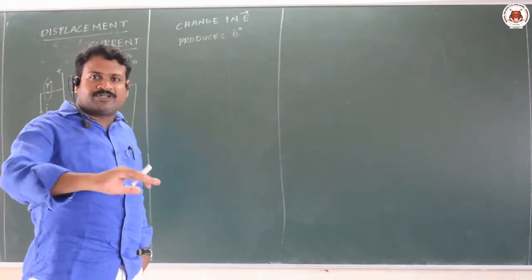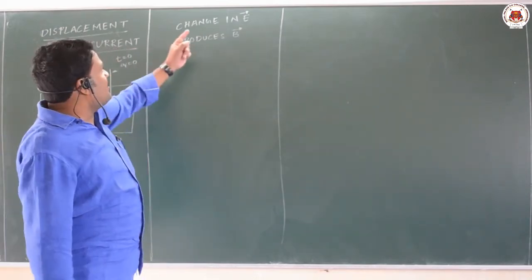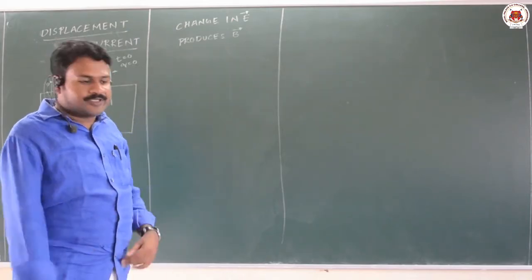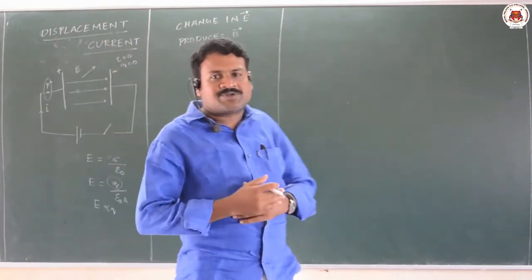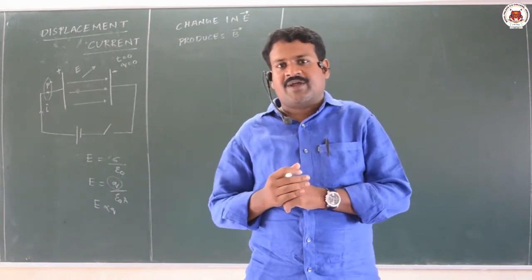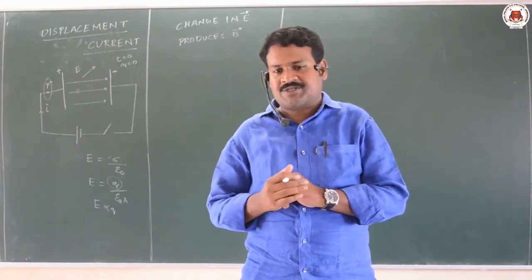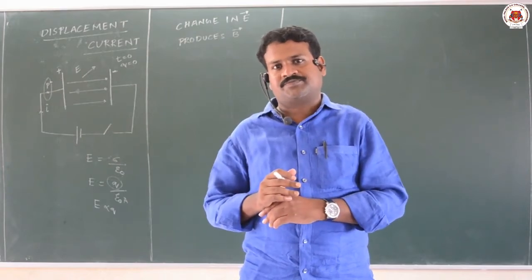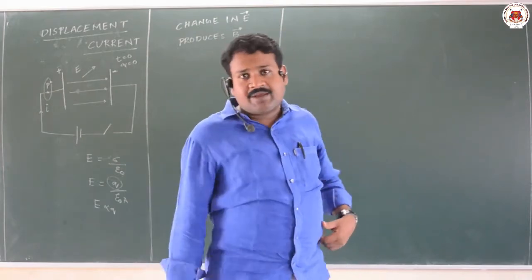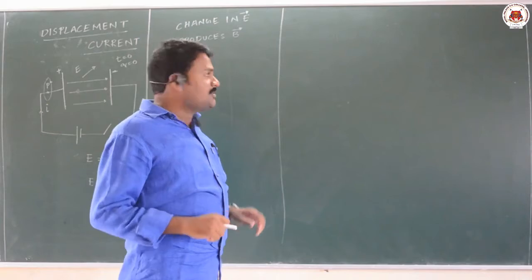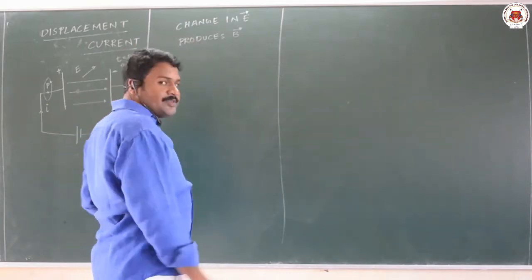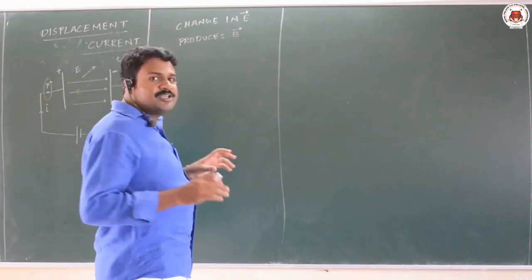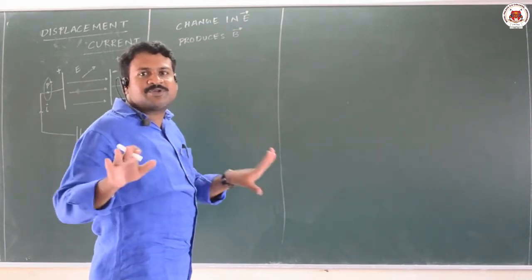So he proved that it is possible the time variation of electric field produces magnetic field, but the people did not accept. According to the people in those olden days, current only should produce magnetic field. So when he said that Ampere circuit law is wrong, because here there is no current, but still we are getting magnetic field, people did not accept it.